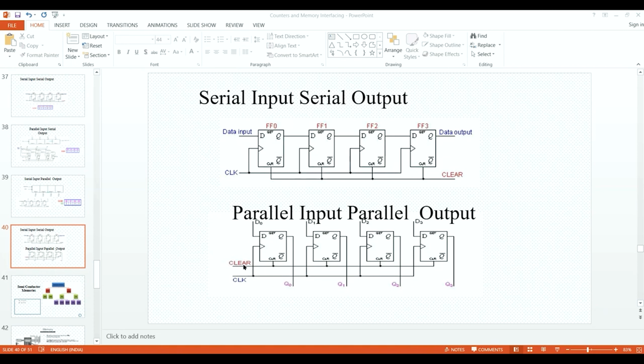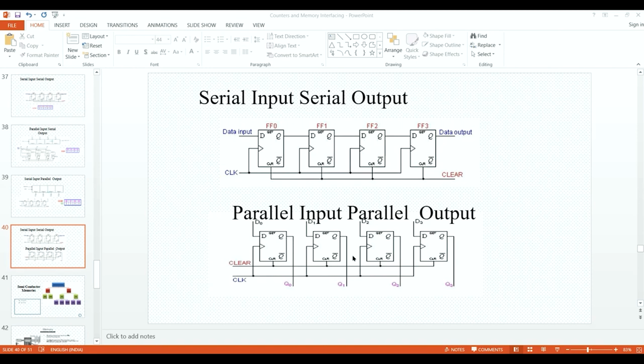A single pulse can clear all the past values. But what is the difference? You are giving a serial input and taking the output at the end of the operation, whereas in this case, you are taking the output at every flip-flop.